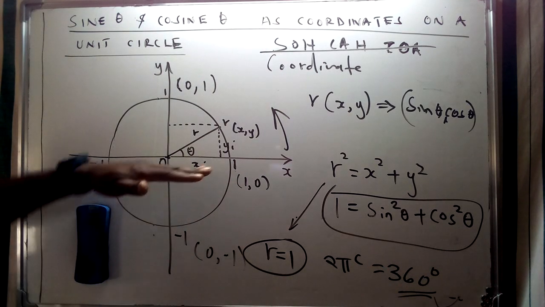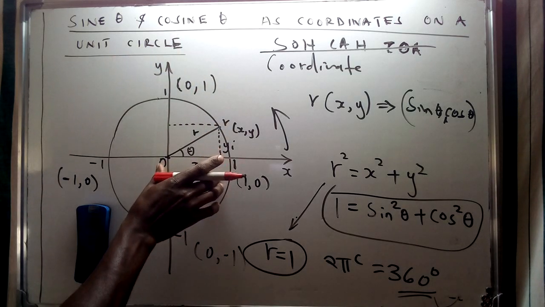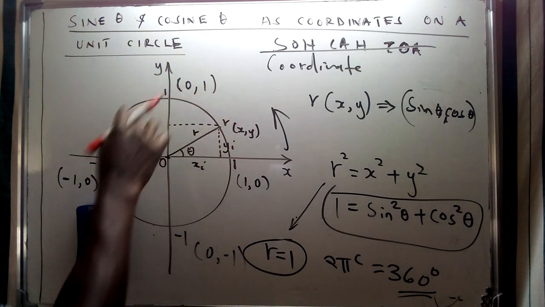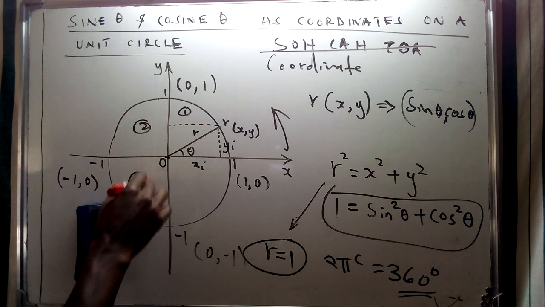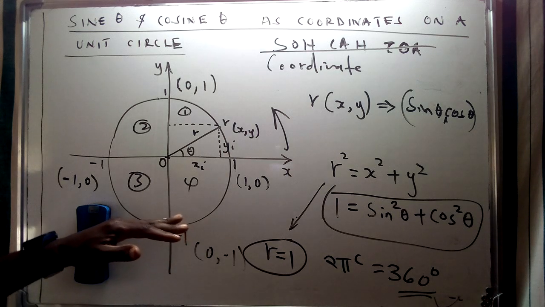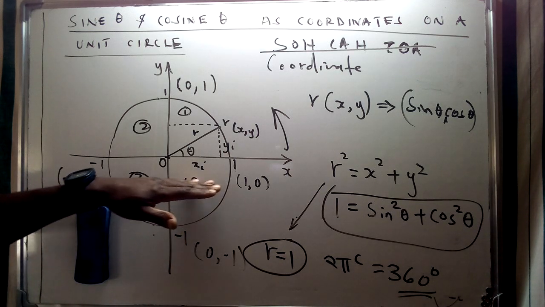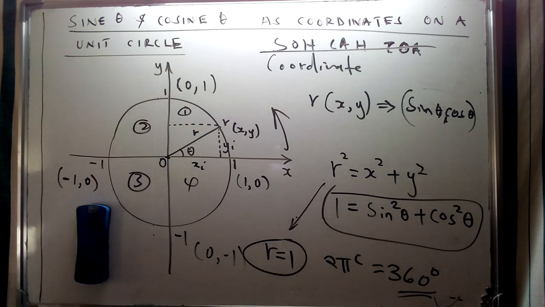So a stretch between 0 and 360 degrees is going to run along these 4 specific quadrants: the first, the second, the third, and the fourth respectively. Now we're going to see that there is a particular trend that is going to be assumed for the various values of these specific ratios for the sine, the cosine, and the tan of theta, in the sense of either a positive value or a negative value.